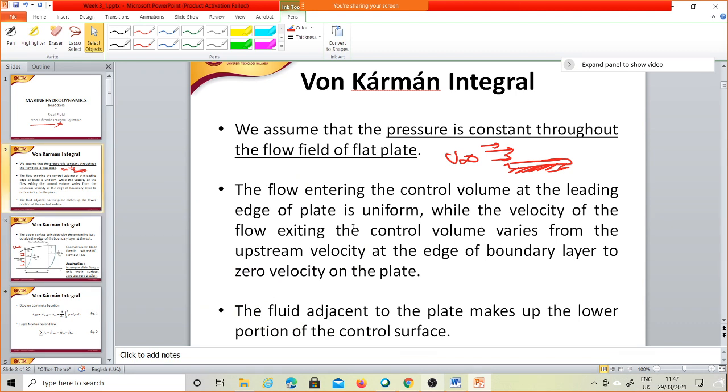Okay, so this one is the second thing. And the velocity of the flow exiting the control volume varies from the upstream velocity at the edge of the boundary layer to the zero velocity on the plate. So again, the velocity of the flow exiting the control volume varies from the upstream velocity at the edge of the boundary layer to the zero velocity on the plate.